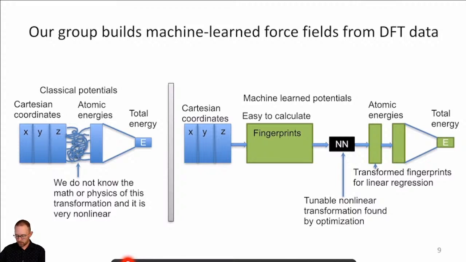The point of the transform is to convert the fingerprints from this space into a new space that the atomic energy will be linear in. I'll show you how that's going to work in the neural network in a minute. Once we have the XYZ to fingerprint through the neural network to some new linear space, it's easy to do linear regression to get the atomic energies.